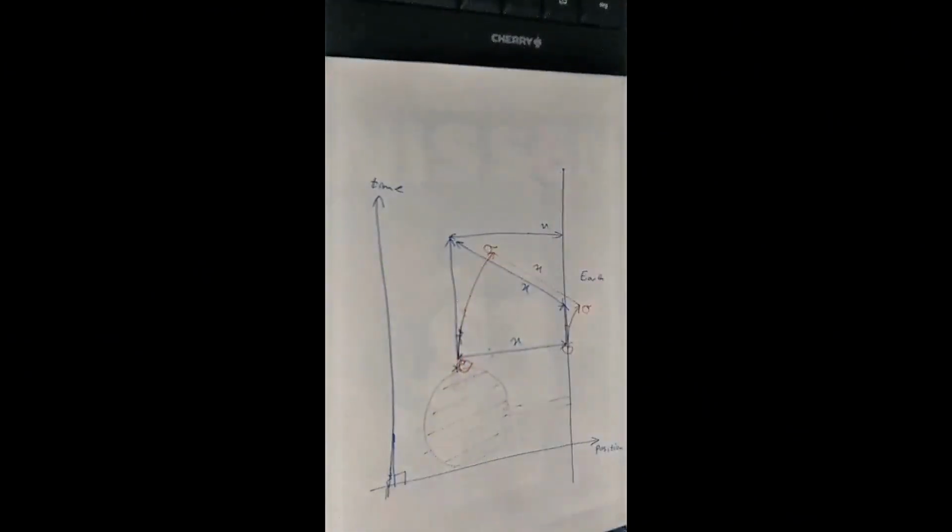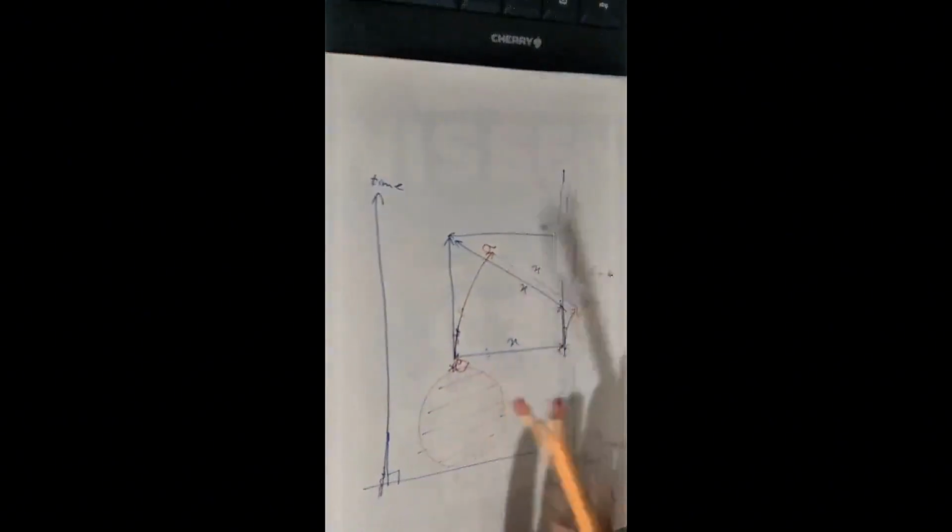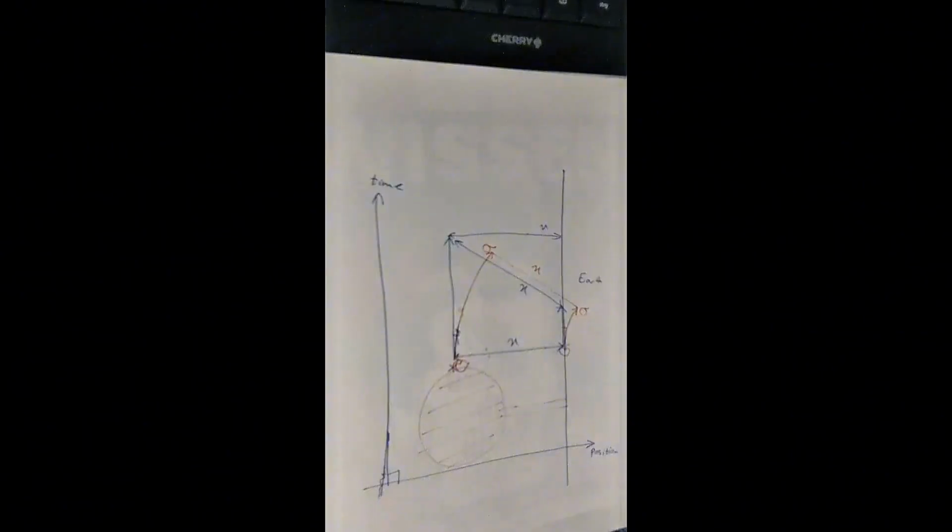Also, its position doesn't change, because please don't mix up this distance with the position of the apple in space. The position of the apple in space is not its distance from Earth.